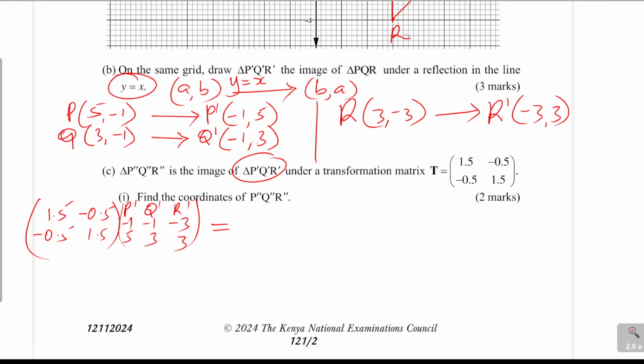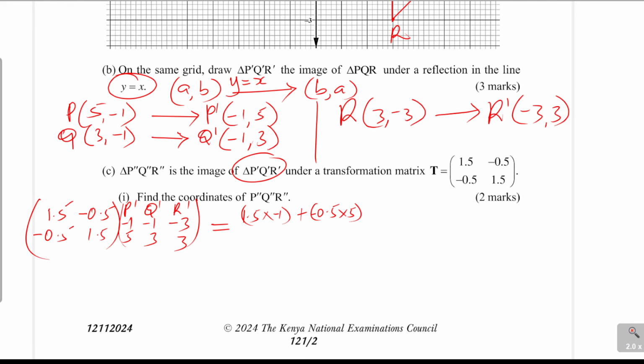so let us multiply this. So you're going to start with the first row, the first column. So we have 1.5 times negative 1, then plus negative 0.5 times 5. We go to the first row, second column.